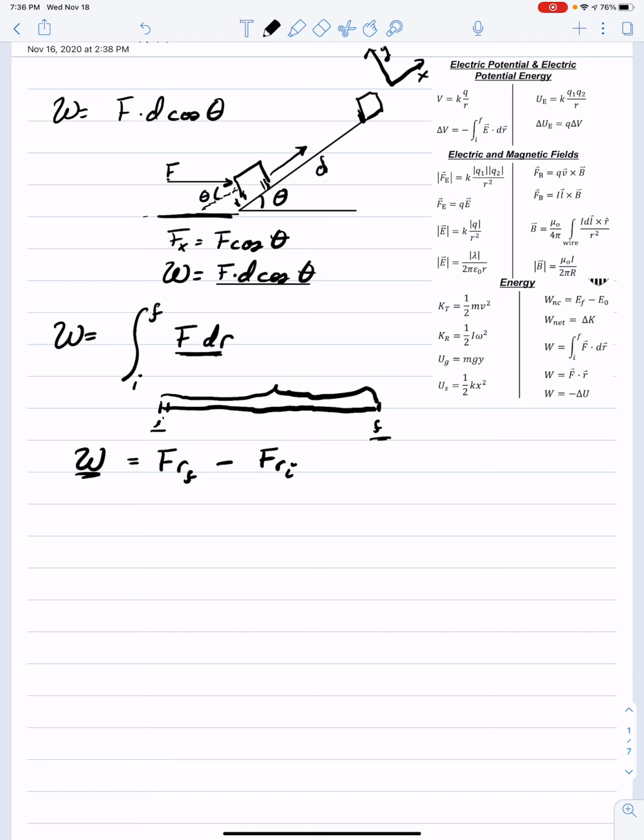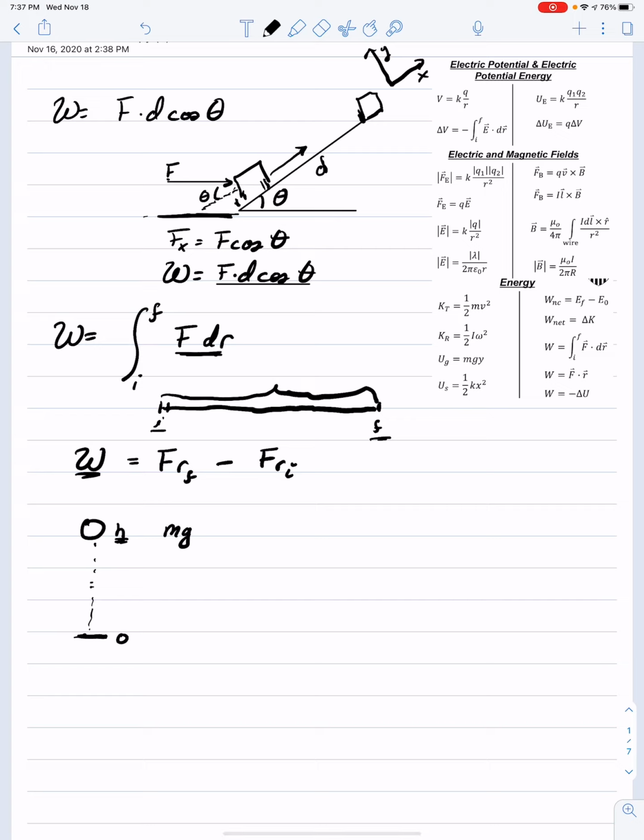So if we have a ball, and we have a height here, and the surface right here is 0, then at this height, if this ball stays there, it has potential energy, but it hasn't done work yet. Because remember, it's the energy that could be used to do work.